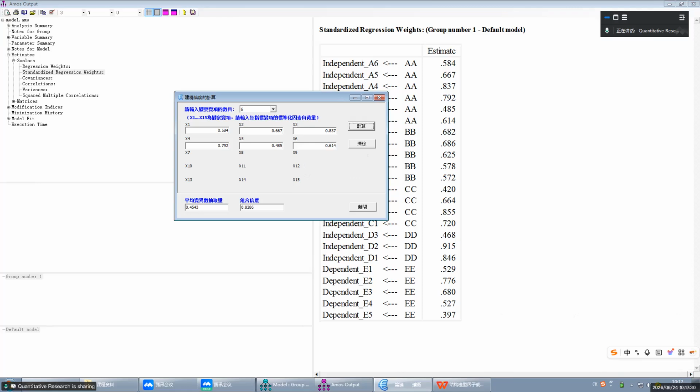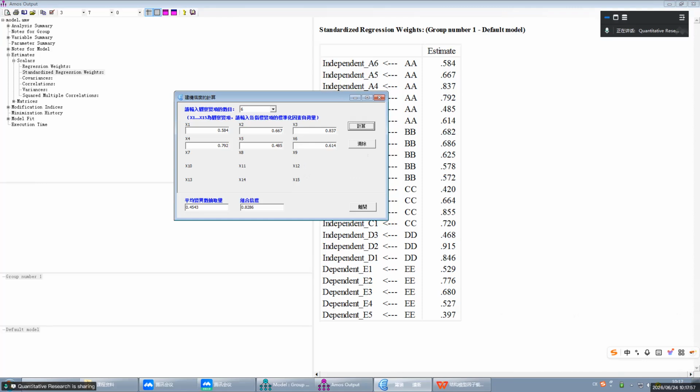No. It's below the criteria. So this is a problem. So you have to know when you compute the CR and AVE, AVE is not that easy. It's not easy for us to meet the requirements of AVE.